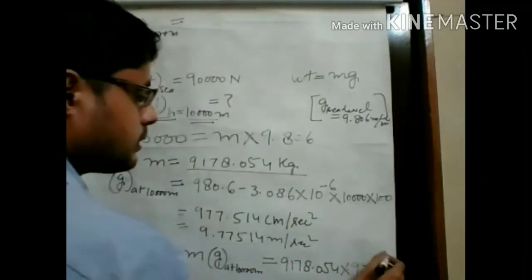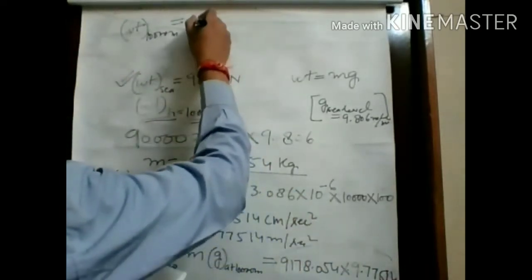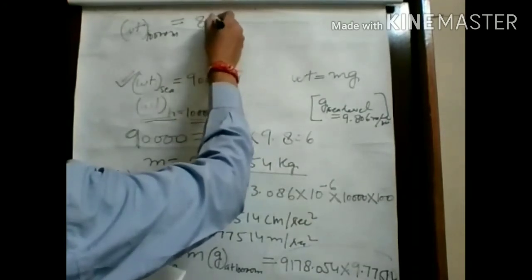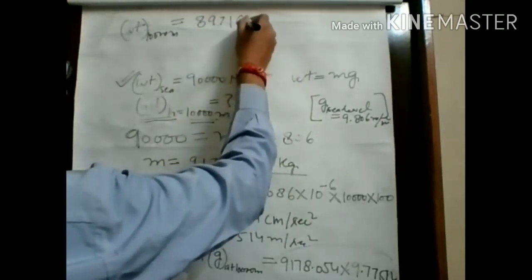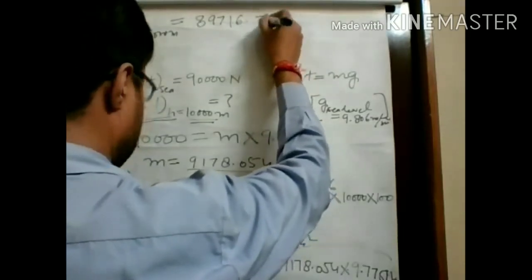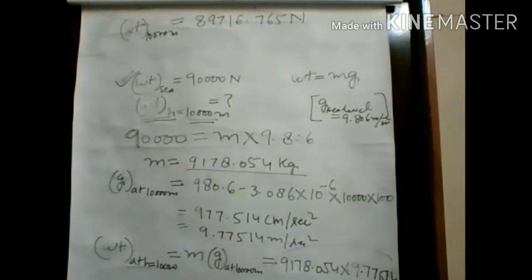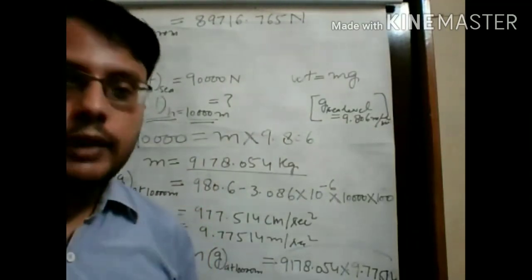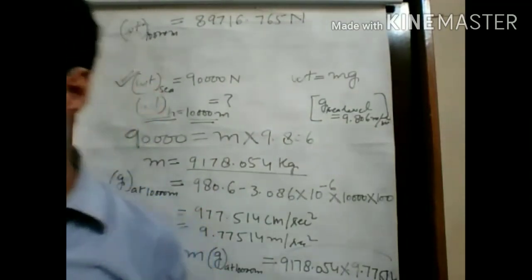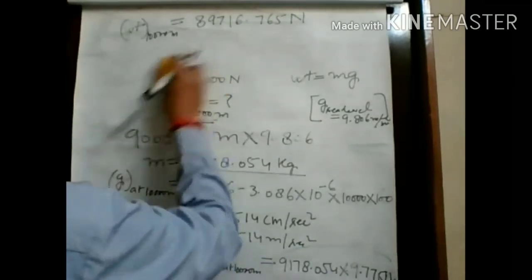By solving this product, we get weight equal to 89716.765 Newton. Okay, so we get the final weight at a height of 10,000 meter.